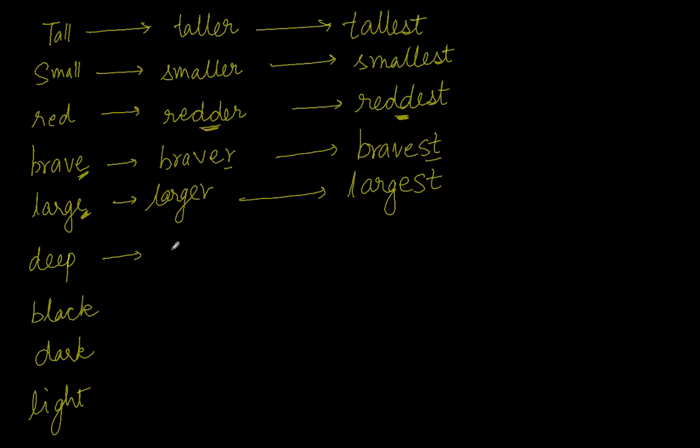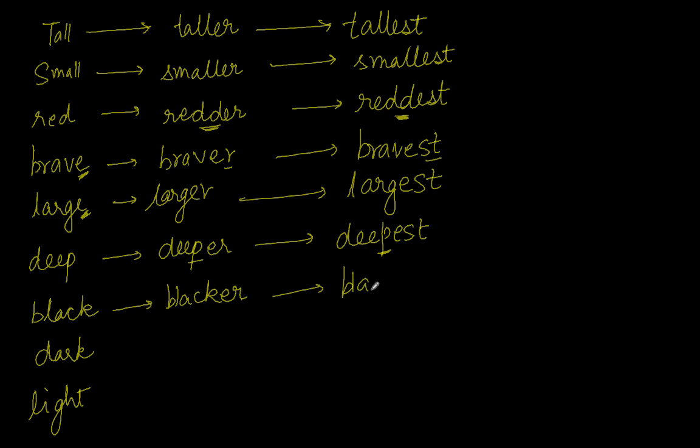Let's look at deep. Deep will be deeper. We are not adding another P here. And deeper becomes deepest. Again, we're not adding another P, so it's a little different from red, redder, reddest. Black. Again, we will not be adding anything. We will just put the ER, and blackest, EST.